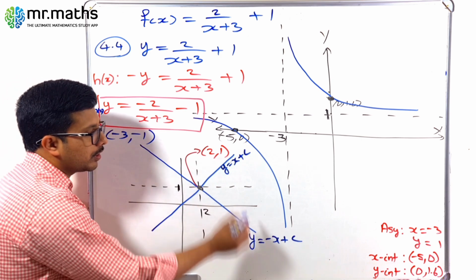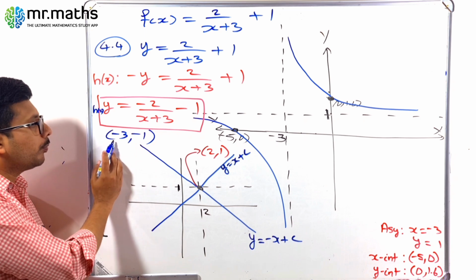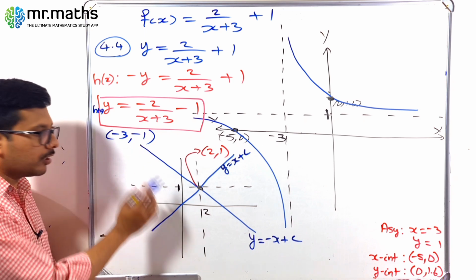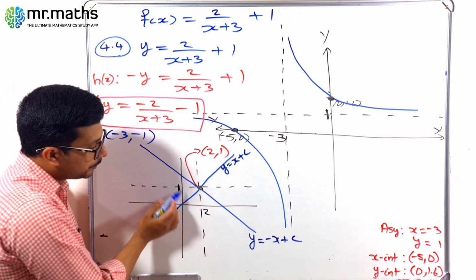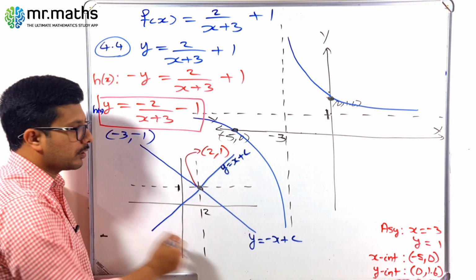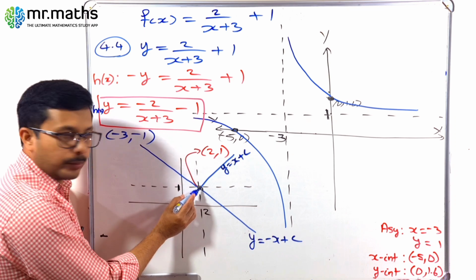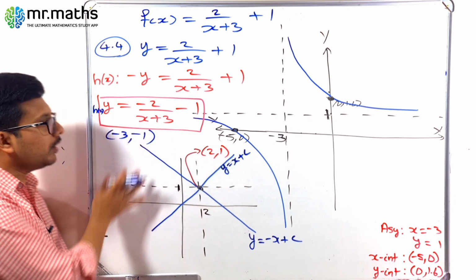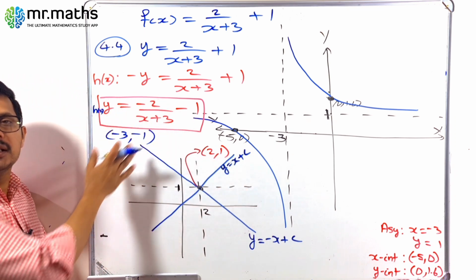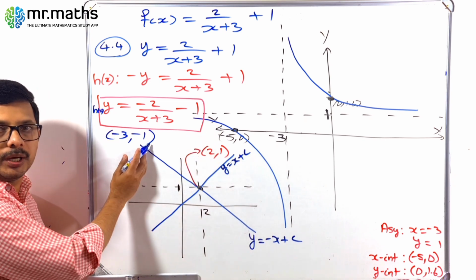The line of symmetry of this h of x passing through the point minus 3 minus 1. Like what is in this example? The line of symmetry of this hyperbolic function passing through this point. Am I right? 2 comma 1. Similarly, in this h of x, the line of symmetry passing through the point minus 3 comma minus 1.